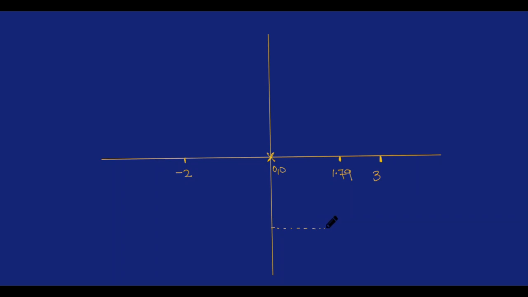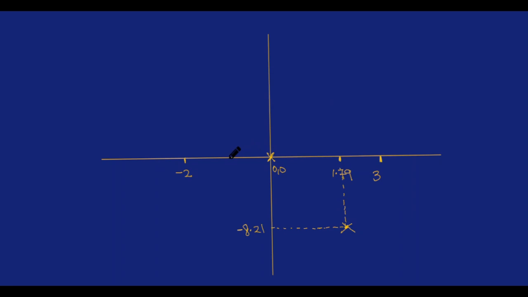So let's try to trace it down here to have an idea of where it will lie. So let's assume at this point, this is minus 8.21. Just a rough sketch. I'm not properly scaling it here.